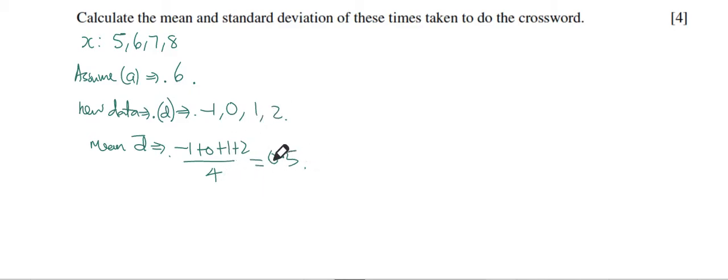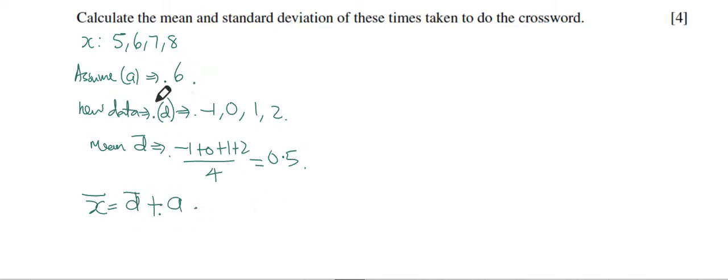So there must be a link between this new mean for the new data and the original data. What is that link? If I want to find the mean x bar, all I have to do is take the new data mean, d bar, and add the assumed value, which is a.